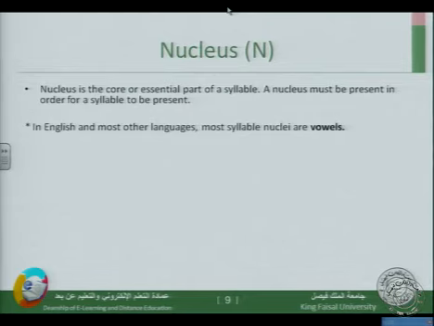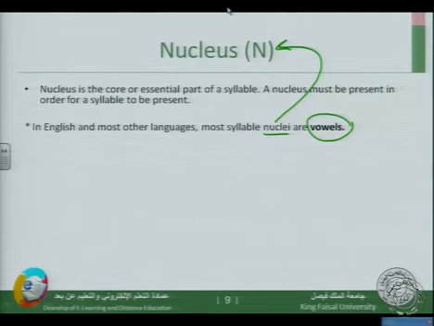In English and most other languages, most syllable nuclei are vowels. شو معنى النيكلي؟ هذه جمع للنيكولاس، وهو جمع irregular plural، جمع شاذ.